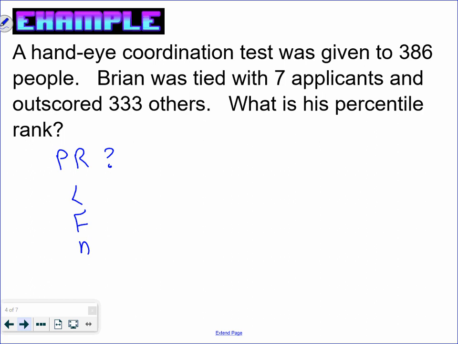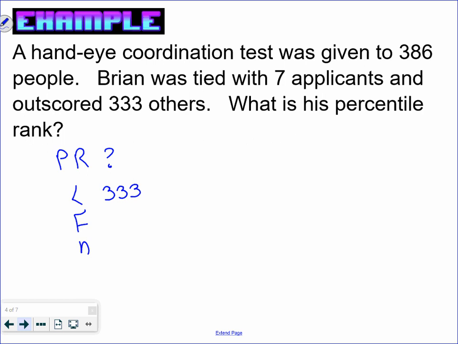So L is the number of applicants that scored less than Brian did. So it says that Brian was tied with 7 applicants and outscored 333 others. So those 333 did worse than him or scored less, so that's the L part.